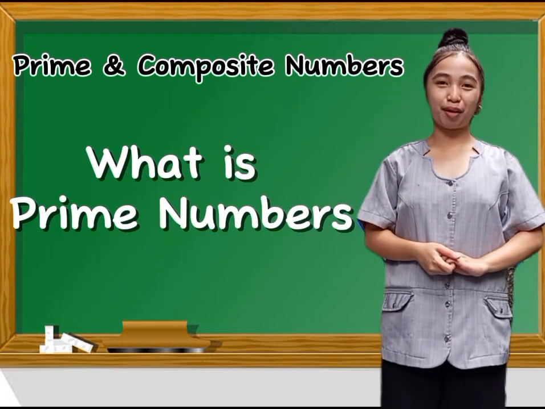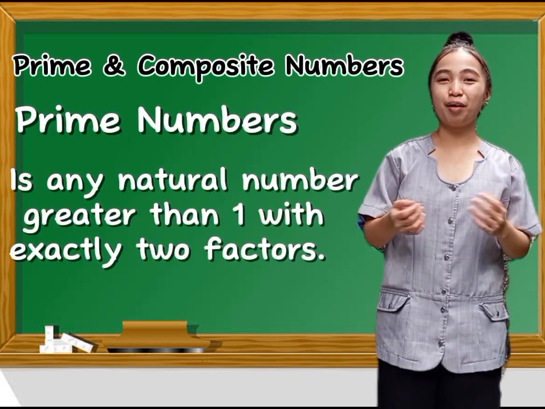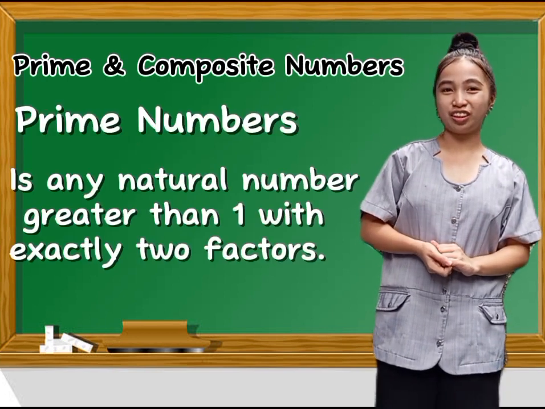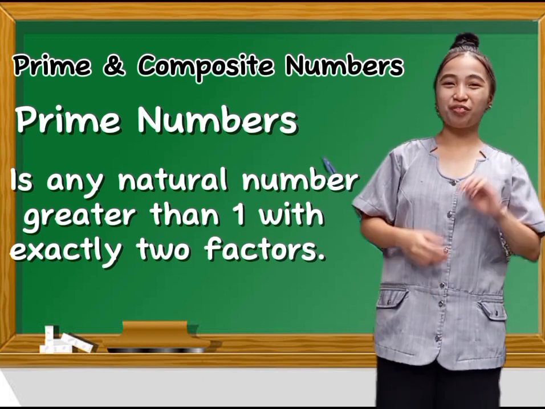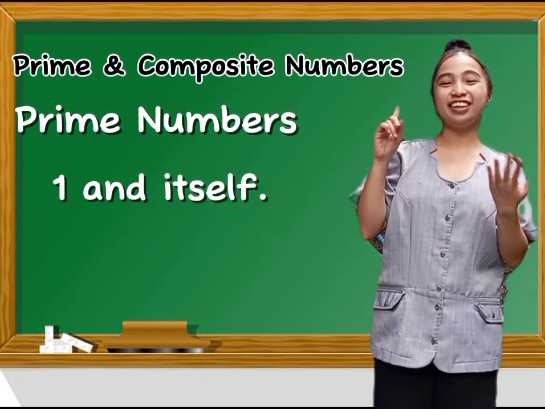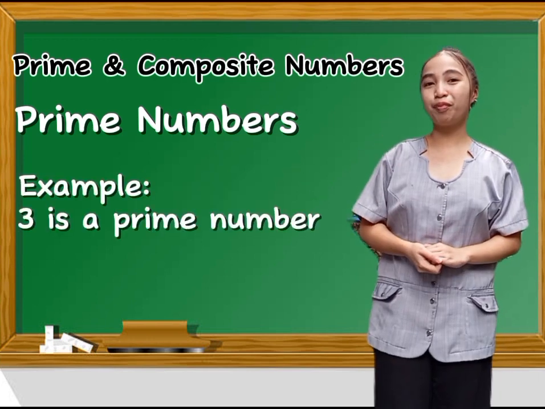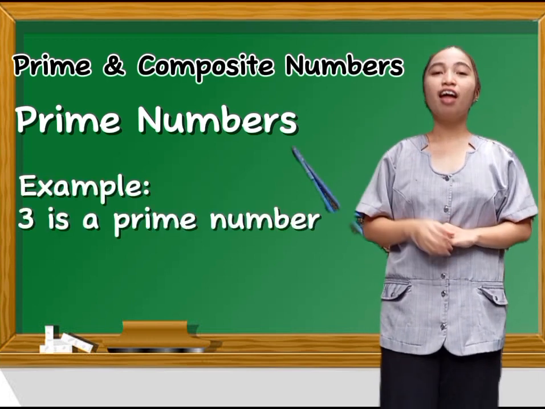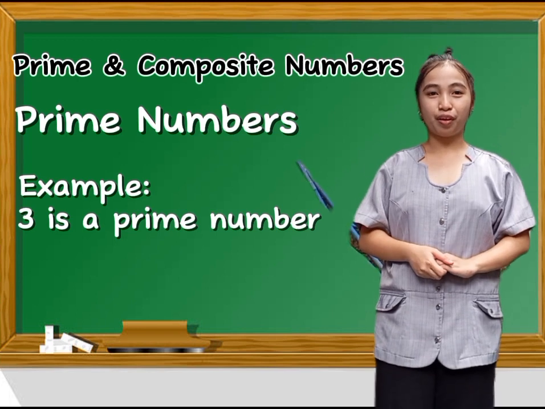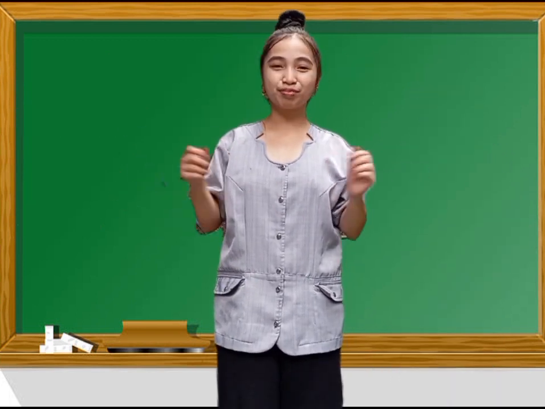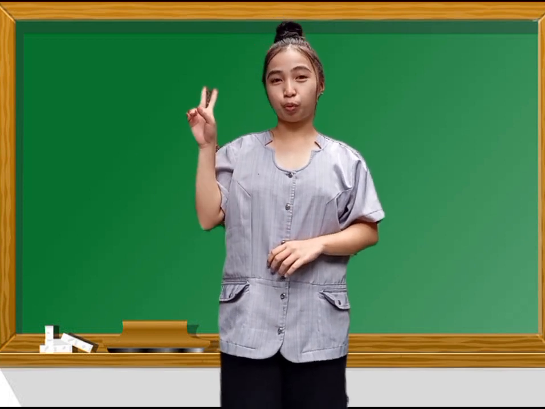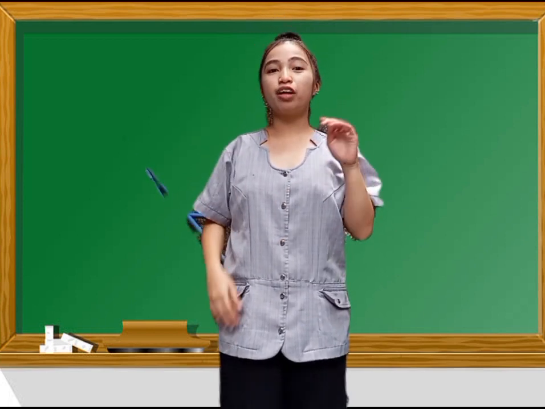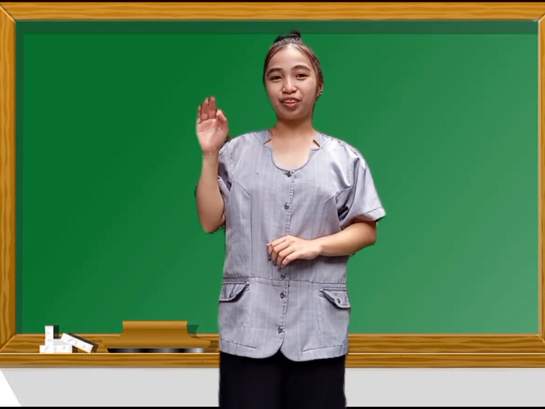What are prime numbers? A prime number is any natural number greater than 1 with exactly 2 factors, 1 and itself. An example is the number 3. 3 is a prime number. Why is it so? We cannot multiply other whole numbers like 2, 3, or 4 together to make 3.